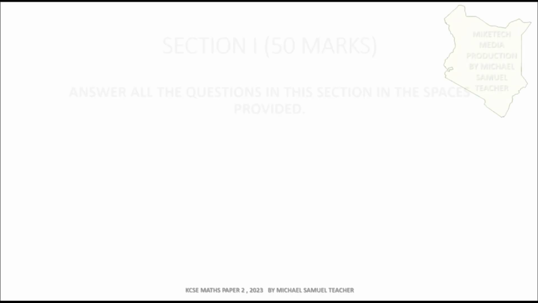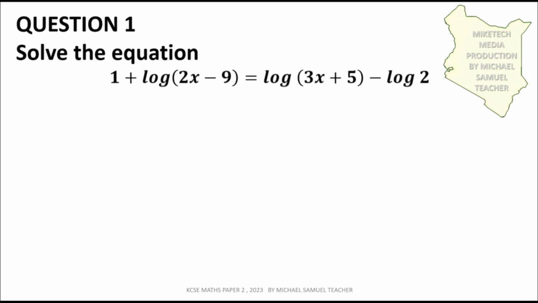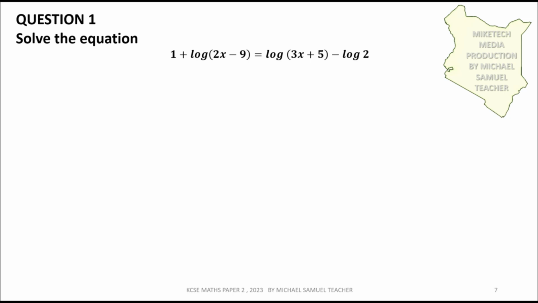So question 1, solve the equation 1 plus log of (2x minus 9) is equal to log of (3x plus 5) minus log 2. In this case I want you to know the laws of logarithm, then it will help you to tackle this question very well.